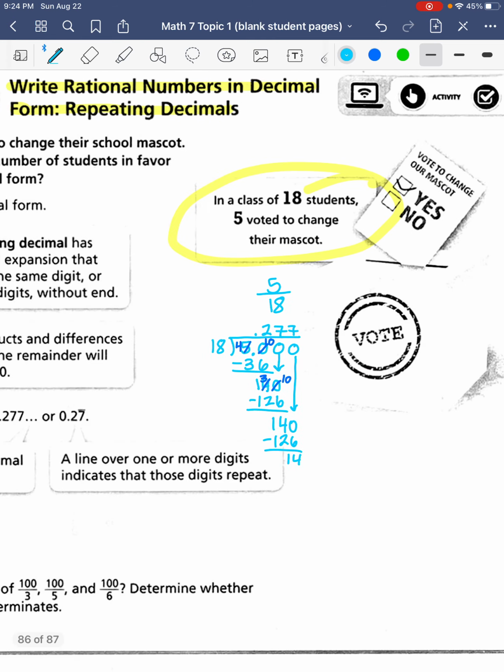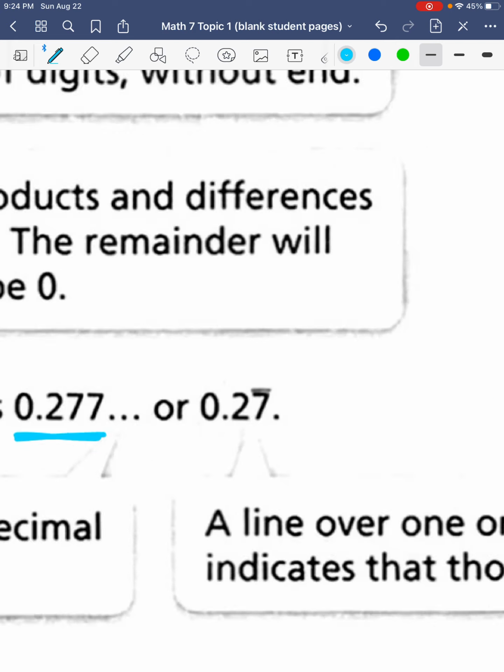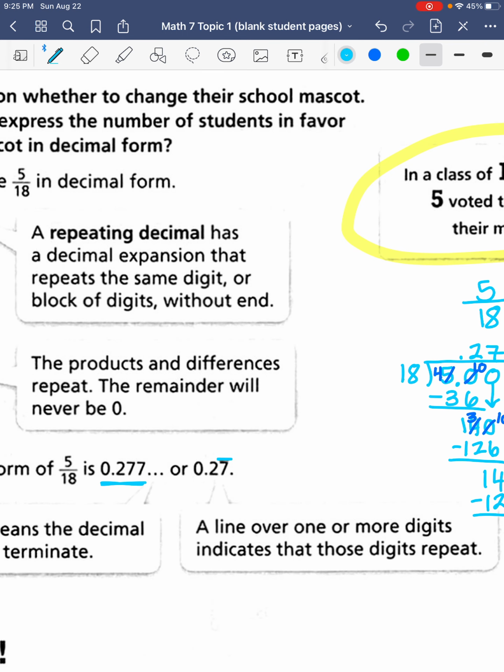So the decimal form of 5/18 is 0.27 with a line on top of the 7. That line on top of it, a line over one or more digits, indicates that those digits repeat. So because that 7 repeats, we put a line on top of that 7.